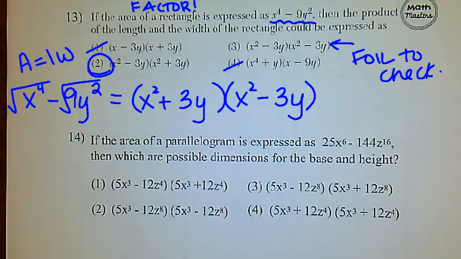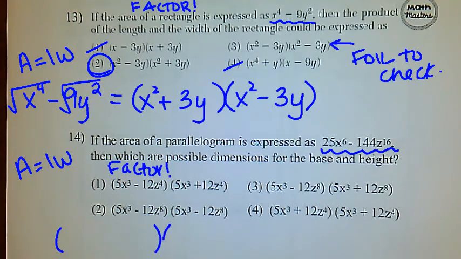Alright, next one. The area of a parallelogram is expressed as 25x cubed to the 6th, minus 144z to the 16th. So again, area is equal to length times width, so this is asking you to factor. Go ahead and get your 2 sets of parentheses.